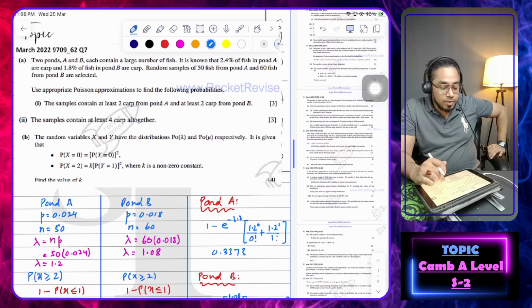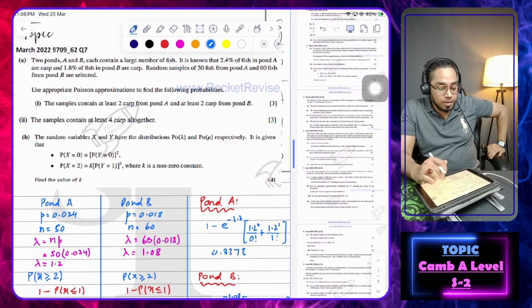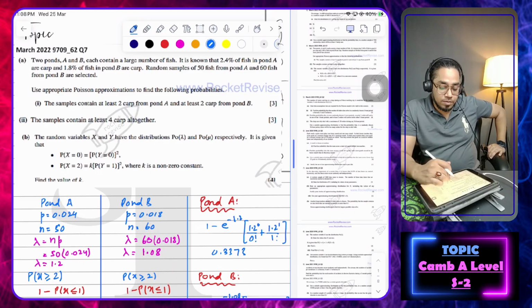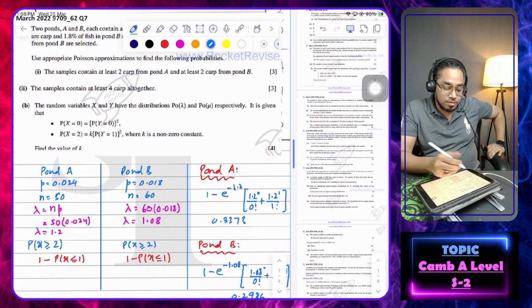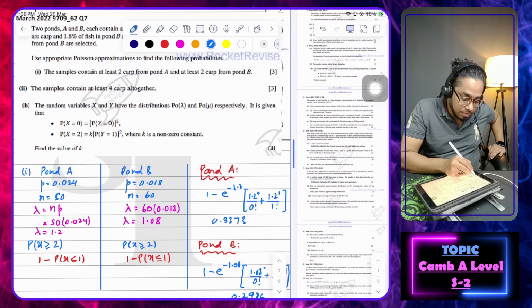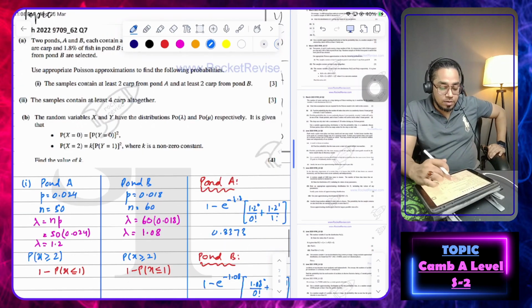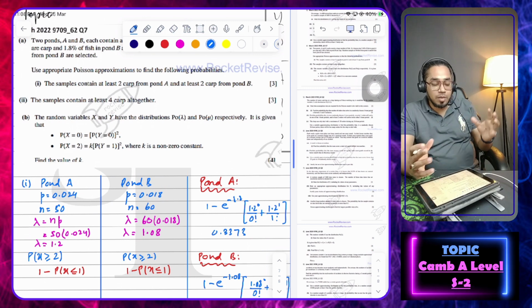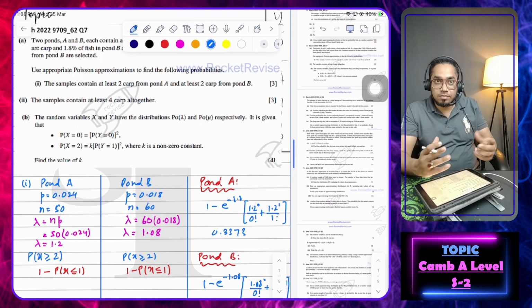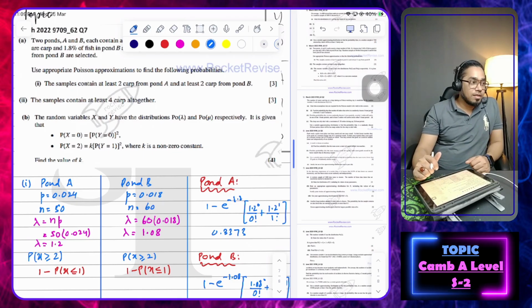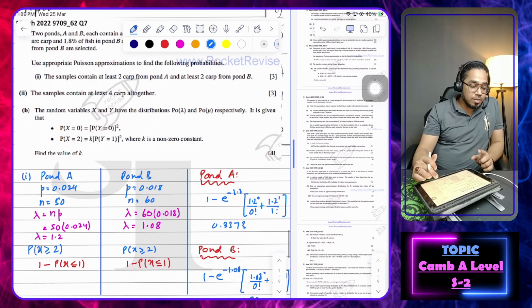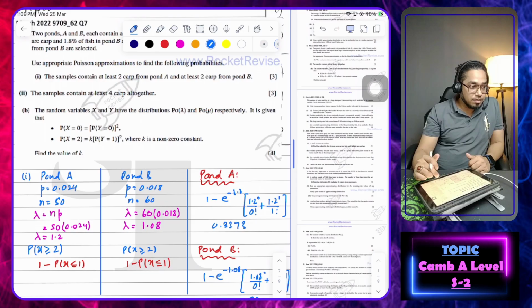Okay. Should we proceed with part two? Yeah, we just did. Not the probabilities, it will be just combining the distributions. So lambda 1 and lambda 2 will be together this time.